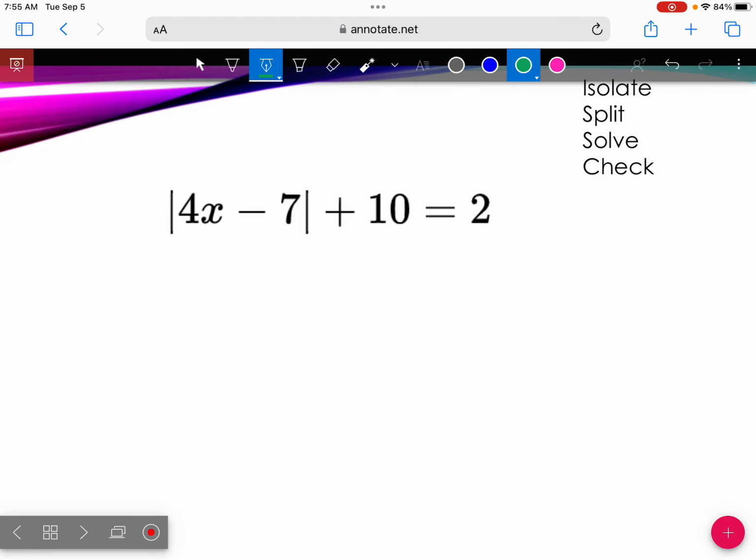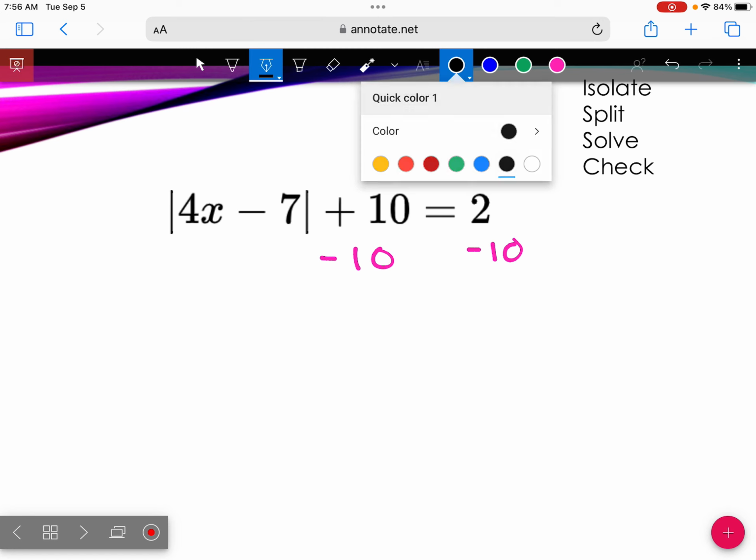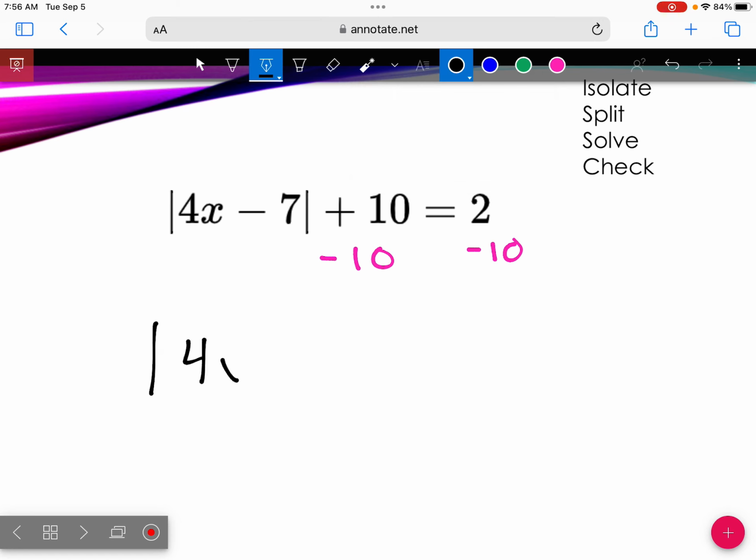What do I need to do first here? Subtract 10 from both sides. So you have the absolute value of 4x minus 7 equals -8. Remember, absolute value is how many steps it can take?